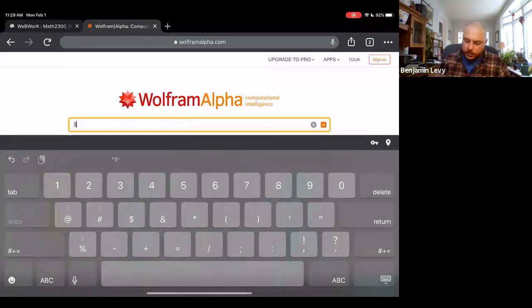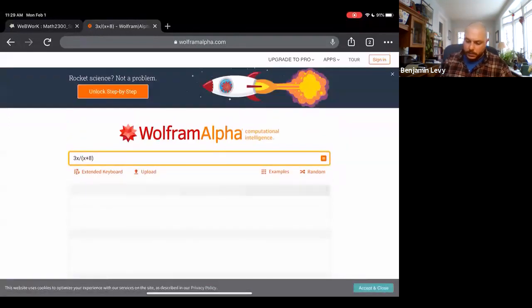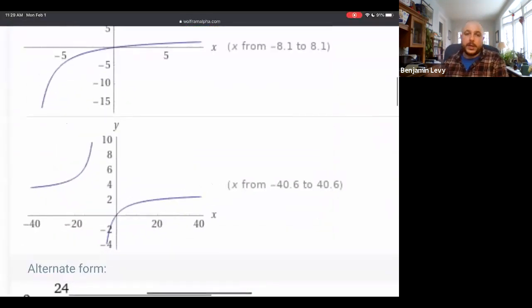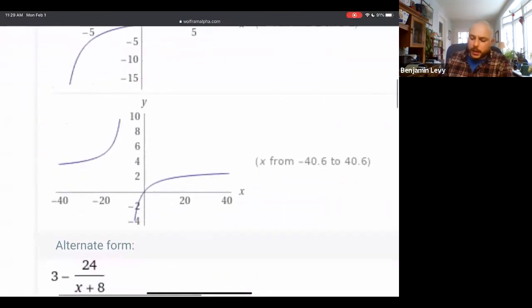So this one was 3x divided by, I gotta get some parentheses, x plus 8. So it's like this graph right here. Let's focus on the one at the bottom. We're approaching 3. Let me do a quick screenshot so I can draw on this actually.